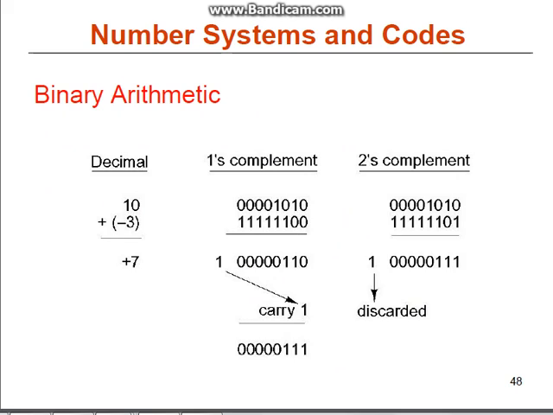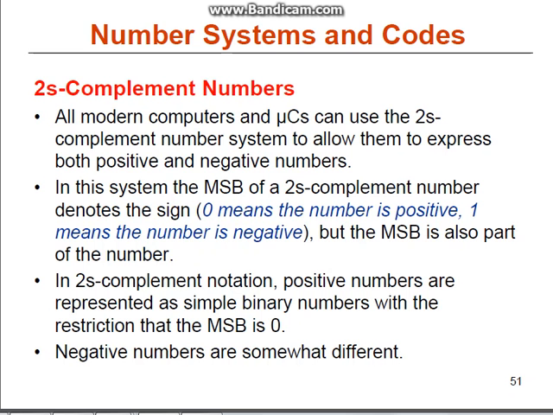If this is a 10, this is a positive number. You look at the left hand side, and the leftmost is 0. But if it's a negative number, the leftmost is represented as 1. So that's one way you know whether a number is positive or negative.